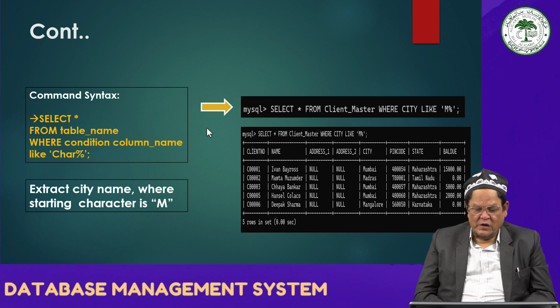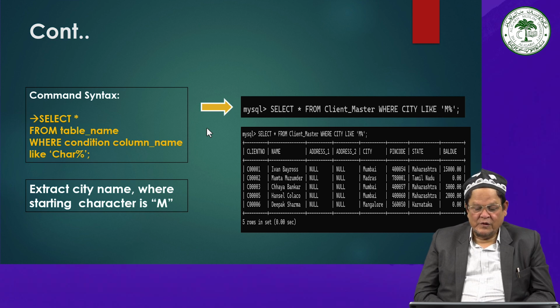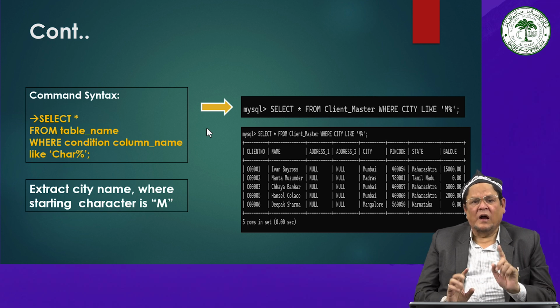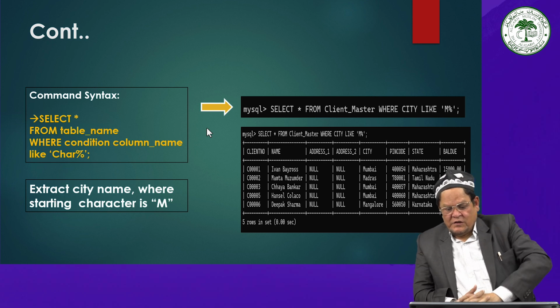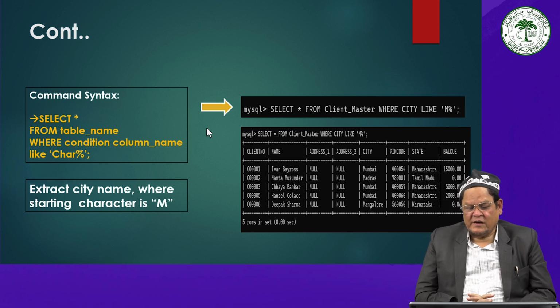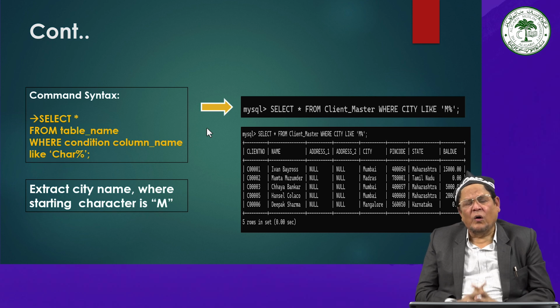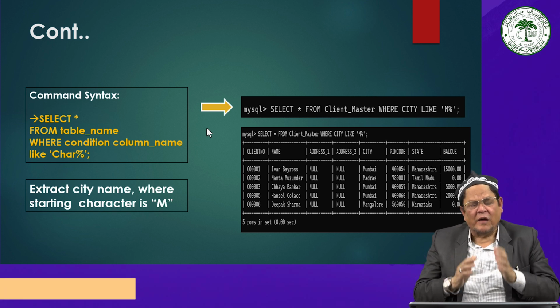It means it will display all the names of the cities which start with M. When you press enter, it will display all the attributes: client number, name, address 1, address 2, city, pin code, state, balance due. All attributes will be displayed when you write a star.